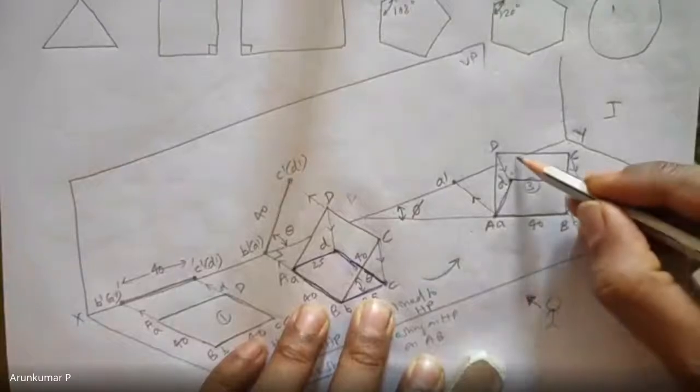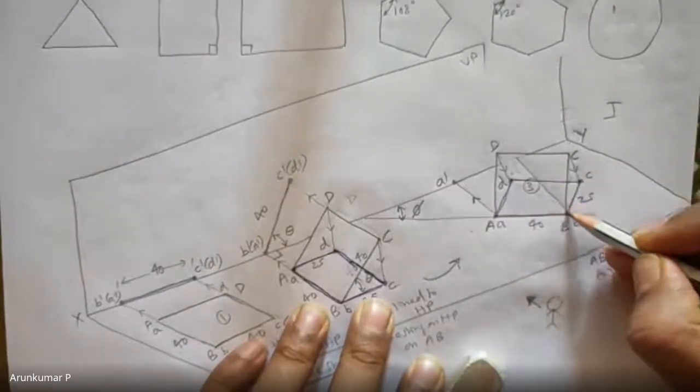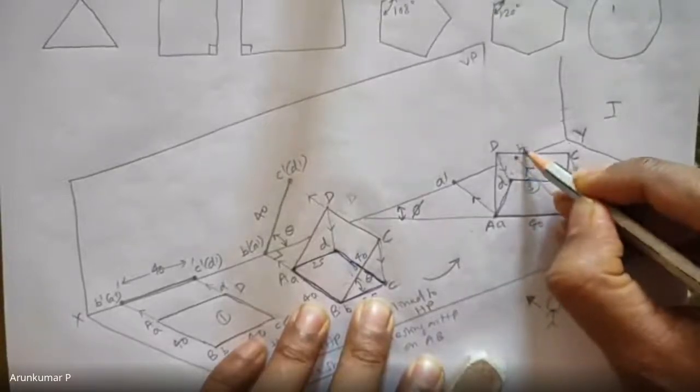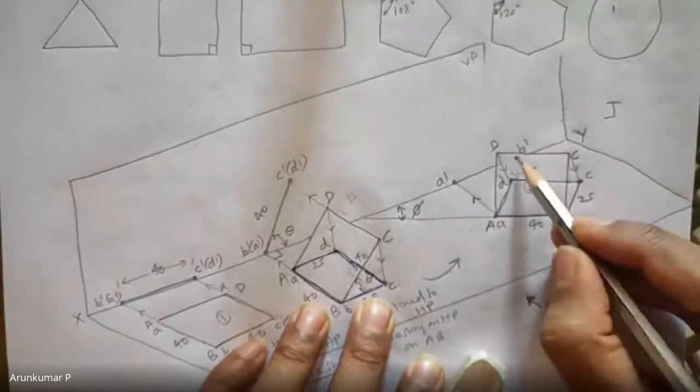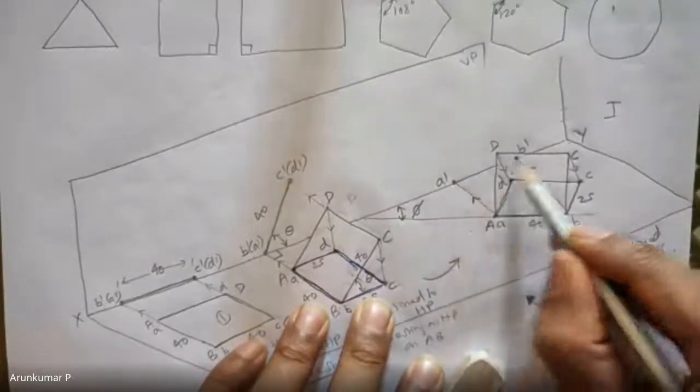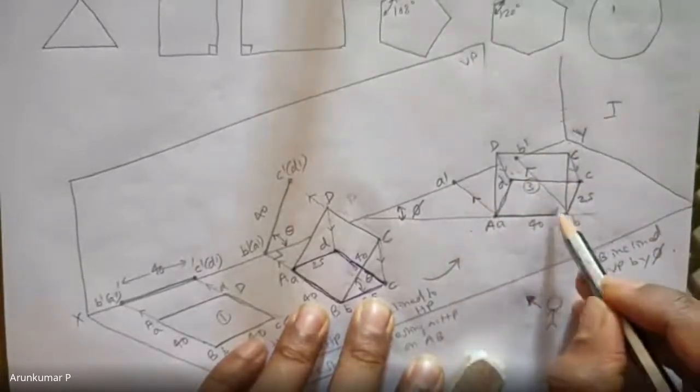I'll project B. So it will come and intersect here. So this is B dash. B dash will also be on XY. A dash and B dash will be on the XY line because A and B are on HP.